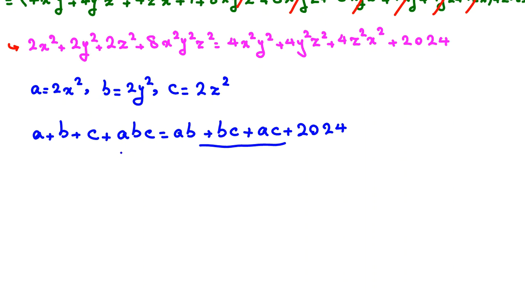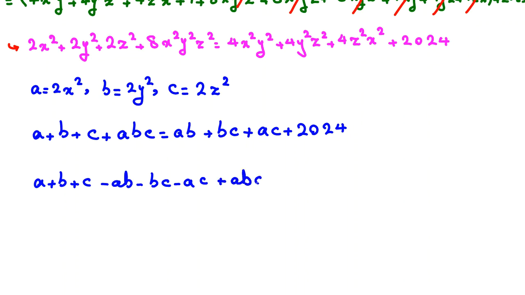Now we try to factorize. So I take all things to the left-hand side. It will be A plus B plus C minus AB minus BC minus AC, something like Vieta's formula, plus ABC equal to 2024.